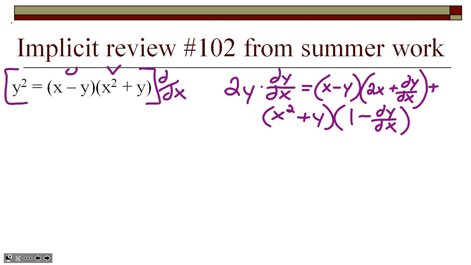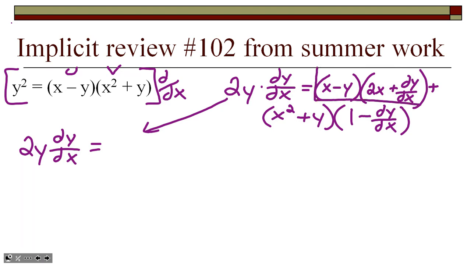So now if I simplify this, we get 2y dy dx equals, and now we're going to start to FOIL. This first set of parentheses right here, we're going to FOIL this out. So we're going to get 2x squared, plus x dy dx, and then minus 2xy.